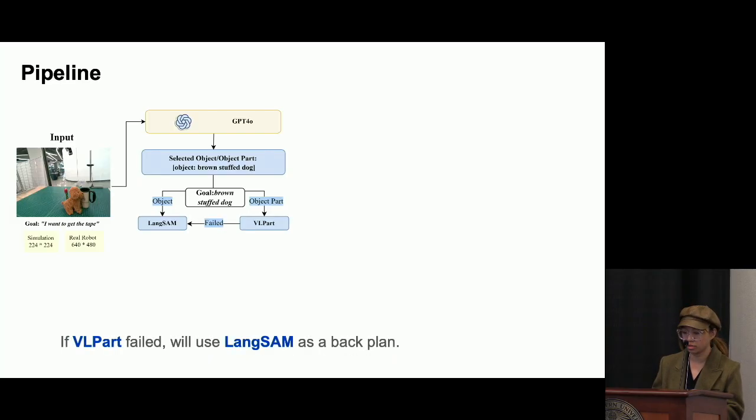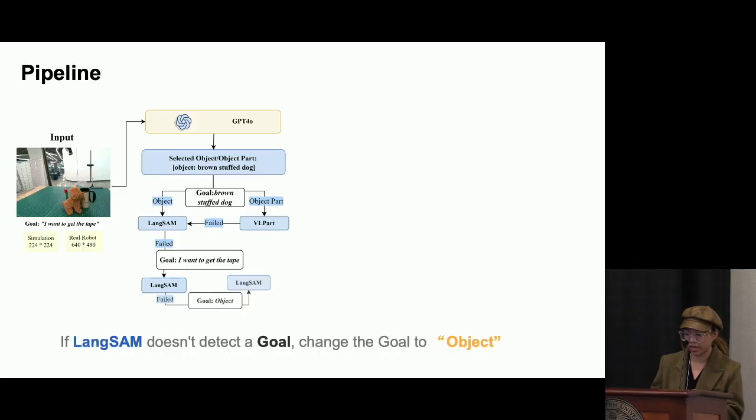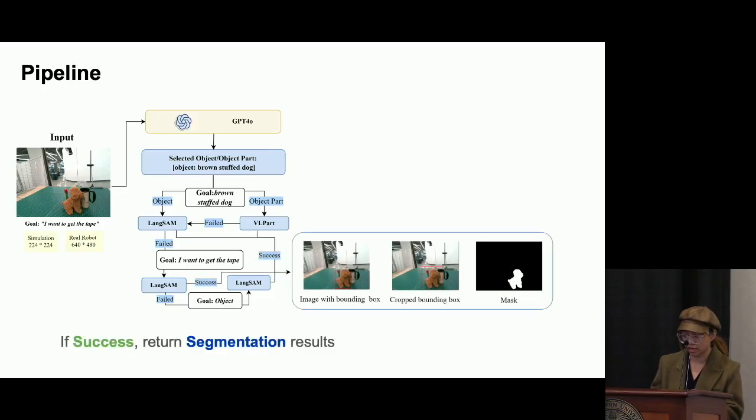So we will use the VL part first, and if it fails, we will use LangSAM. If LangSAM fails again, we will use the original goal. And if that fails again, we will just segment the object in this image. If it succeeds, we can get the bounding box.